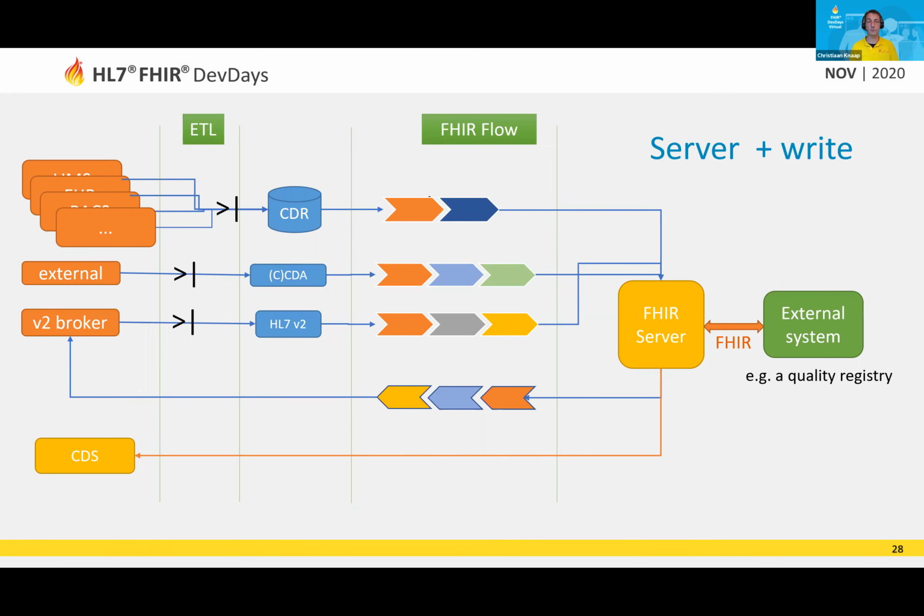CDS hooks, where CDS stands for Clinical Decision Support, is a standard that is related to FHIR, and it allows you to put a hook into your EHR, which can then pop up where needed and get more data from a FHIR server to help the doctor make the right decisions on the right stage of treatment. So there you can use the FHIR data directly, either coming from the external system or collected from the source systems.